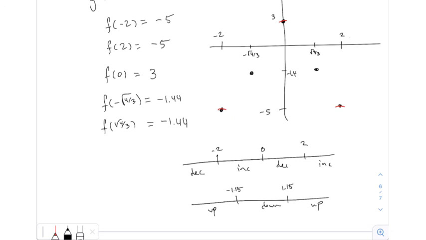And so, the leftmost part of this curve here is going to be decreasing and concave up. That means smiley shape, but going down. That's like this. Next region is still concave up, but increasing this time. That means smiley shape going up. The next region between negative 4/3 and 0 would be here. Increasing, but concave down.